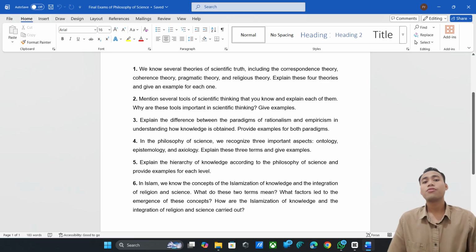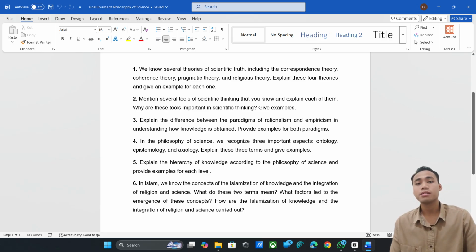So, Islamization of knowledge means adjusting and developing modern science so it is in line with Islamic values. Integration of religion and science means combining both so they support each other instead of being separated.